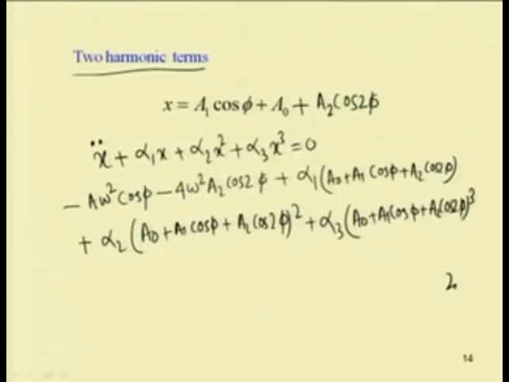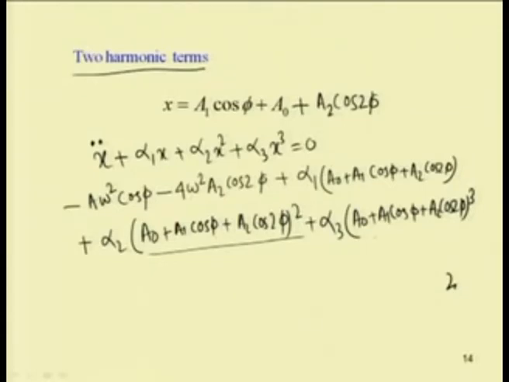So, we know this is similar to A plus B plus C whole square. So, this is A square plus B square plus C square plus 2AB plus 2BC plus 2CA. So, one can expand this in that form.